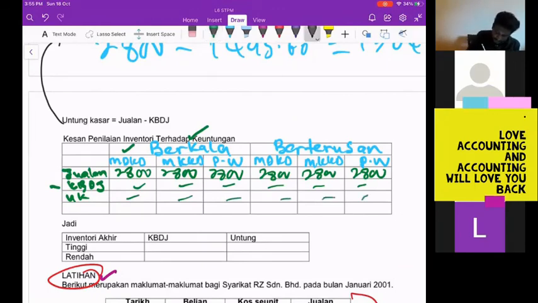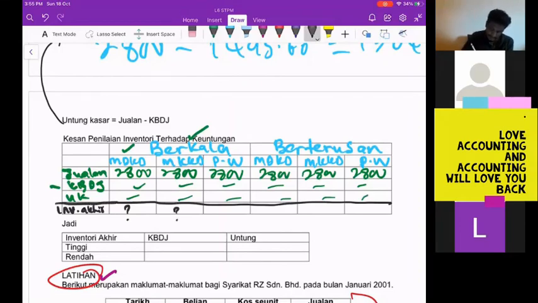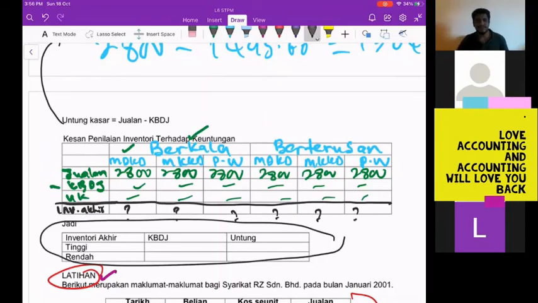After that, I want you to draw a dark line. And then right here, inventory akhir. How much the inventory akhir under this? I need this data to fill in this. I want how much the untung kasar for all the table and how much the inventory akhir for all the table.